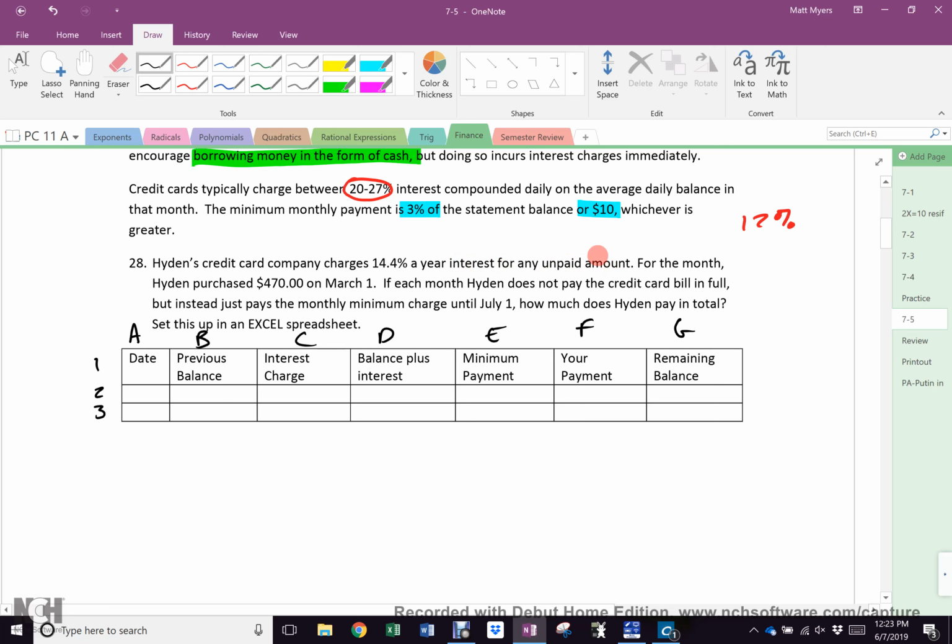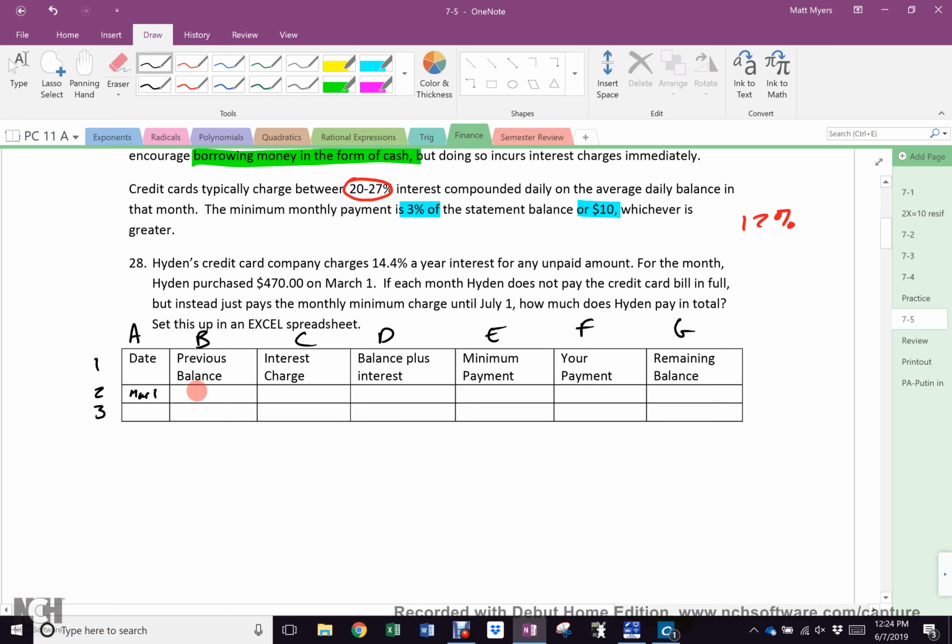So we're going to make some assumptions at the beginning here. What is that assumption? How much is Hayden starting out at? March 1st. So right here, what's going here? March 1st. And we are assuming this is Hayden's first credit card, okay?